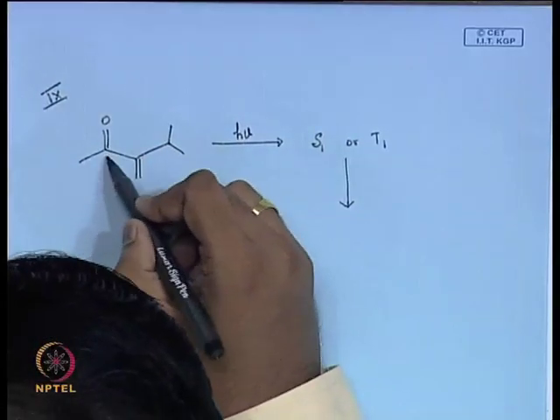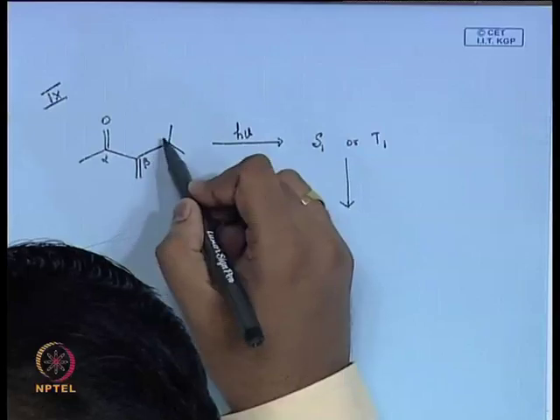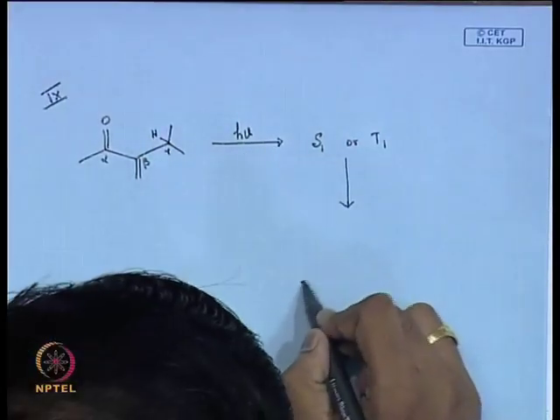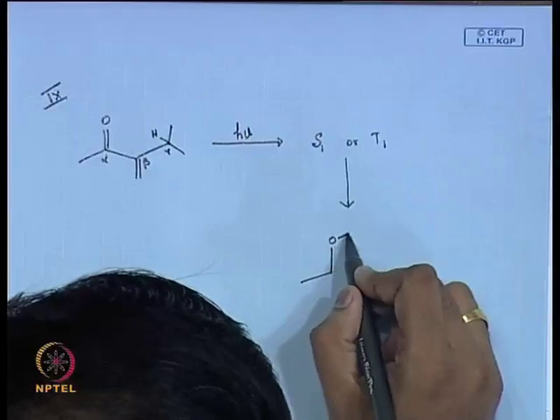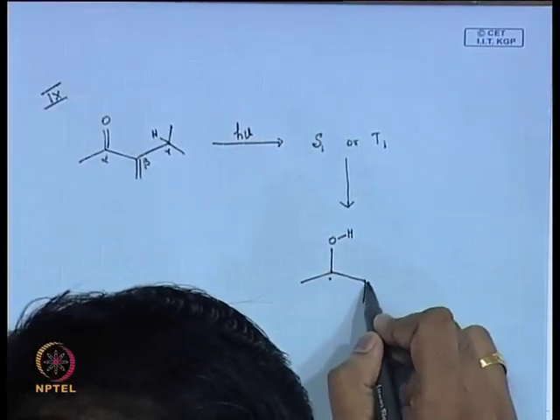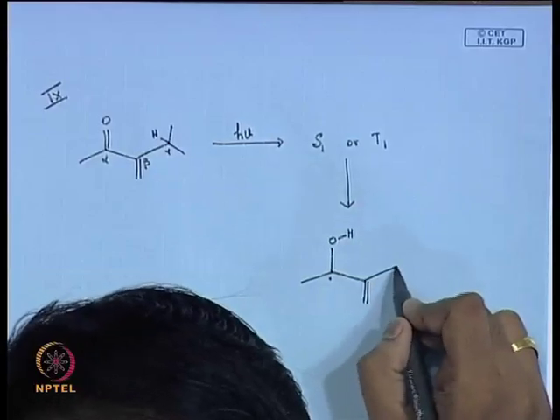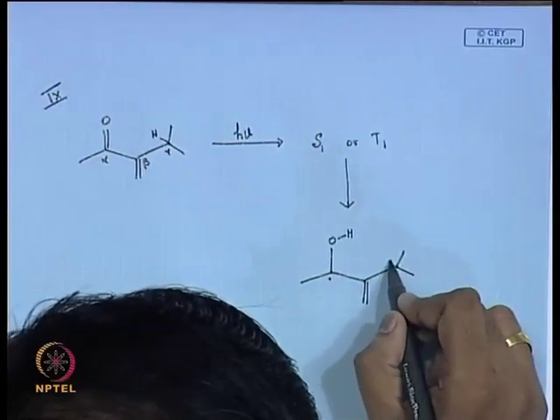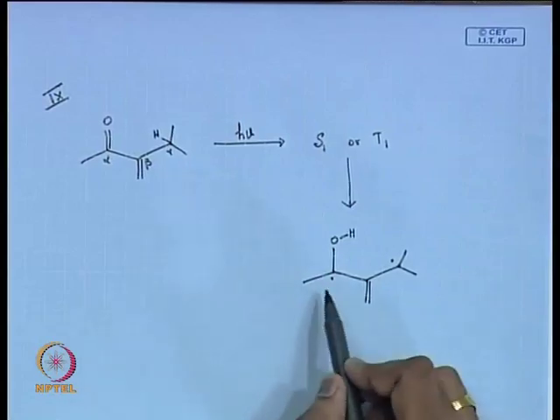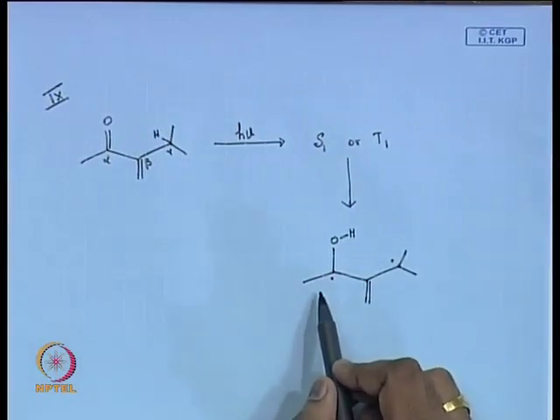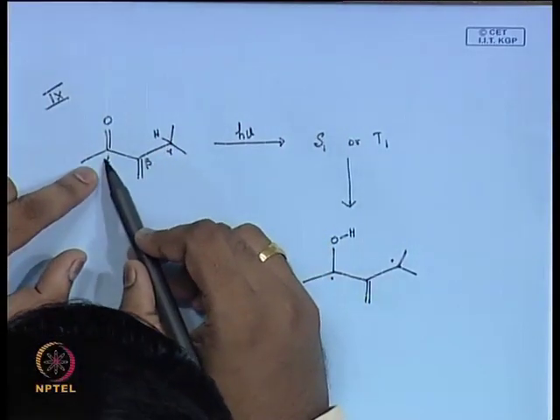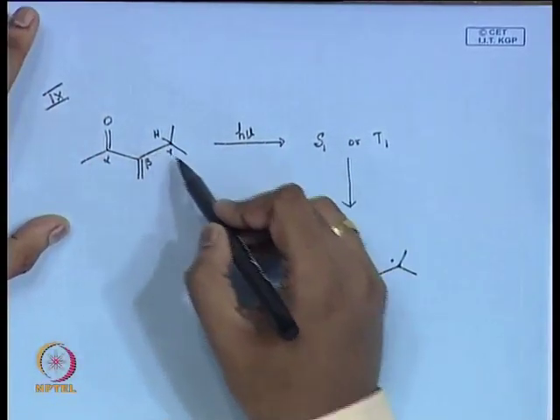So, alpha, beta, gamma, you have a hydrogen here. Sorry, extremely sorry, I will take another.